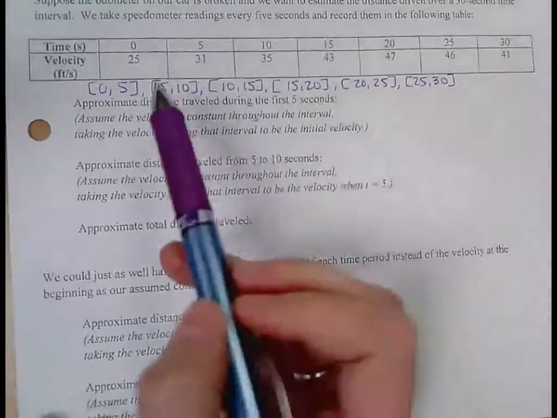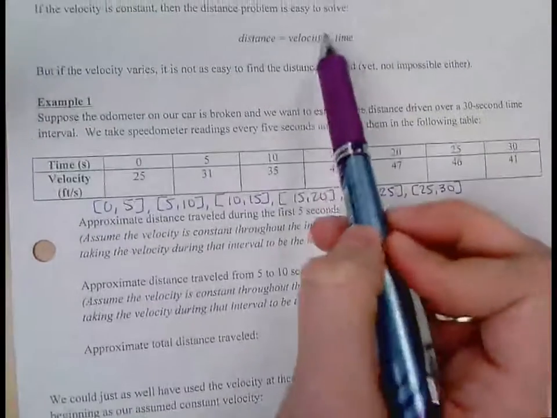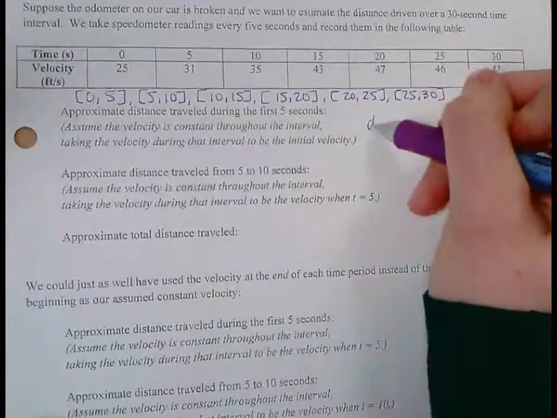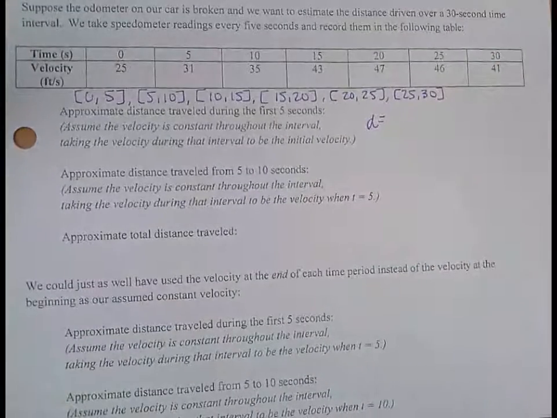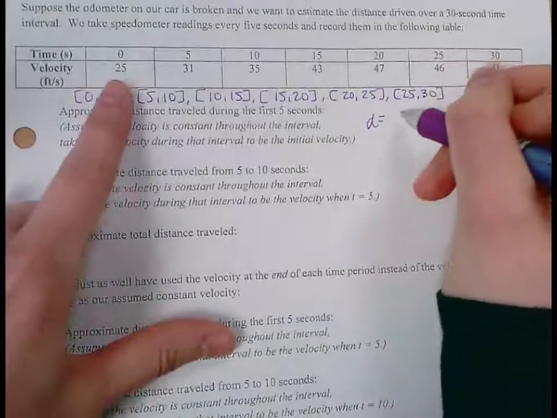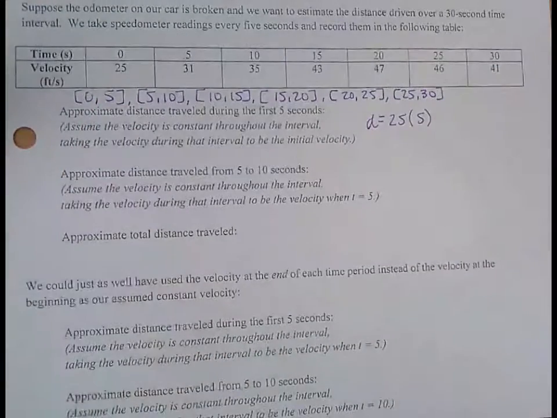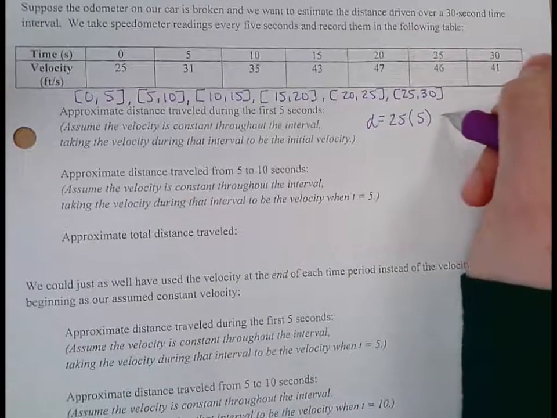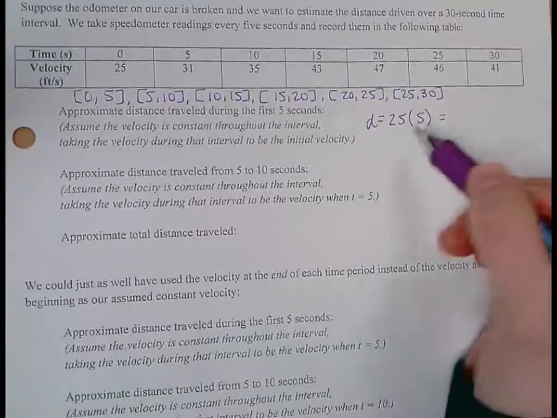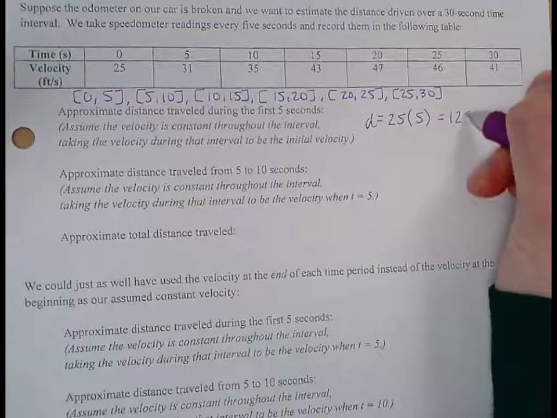Then, using the equation above, the distance in that time interval is approximately the velocity, 25, times the 5-second interval. So the distance in the first 5 seconds would be approximately 25 times 5, 125 feet.